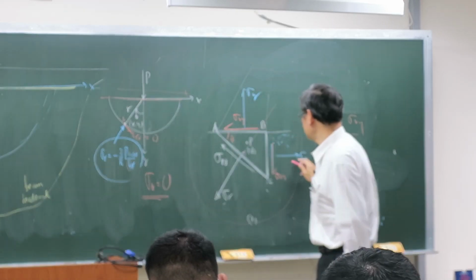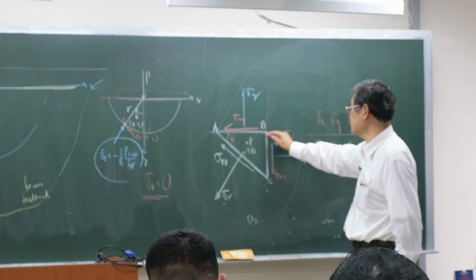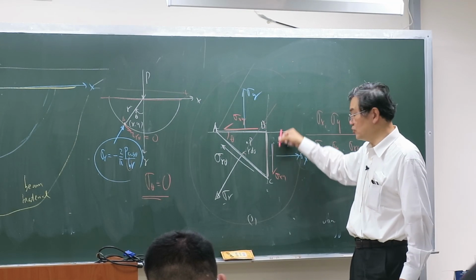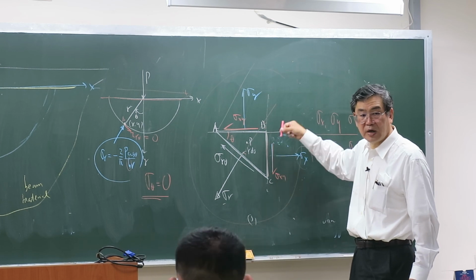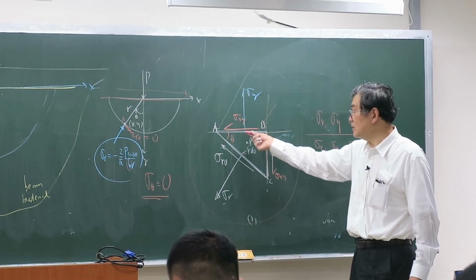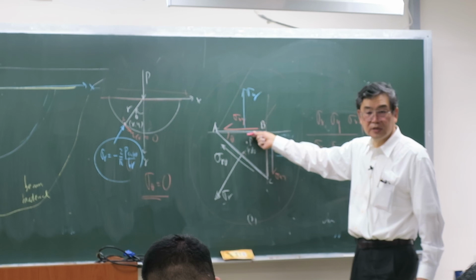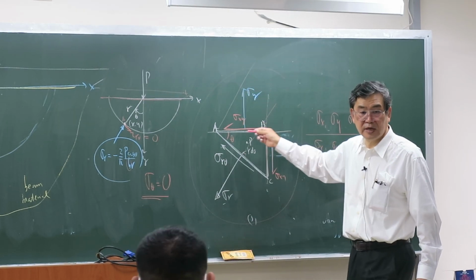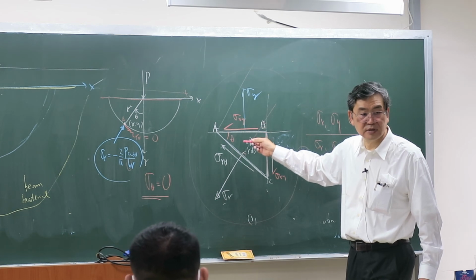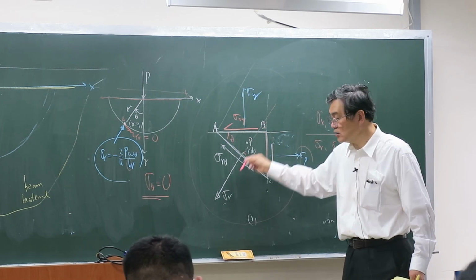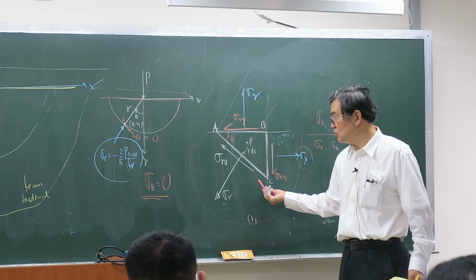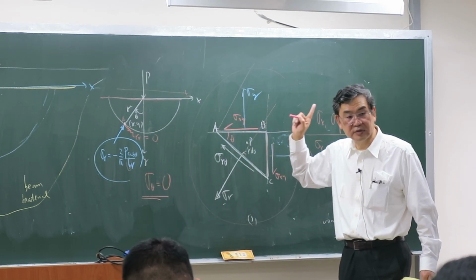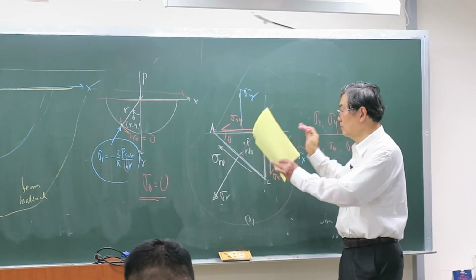This is positive because this surface, the normal is in the positive x direction, so the shear should be in the positive y direction. Okay? And this surface, the normal is in the negative y direction, so the shear will be in the negative x direction. And this surface is in the positive r direction, so the shear will be in the positive theta direction. Be careful, it's very important. Then we do the equilibrium.